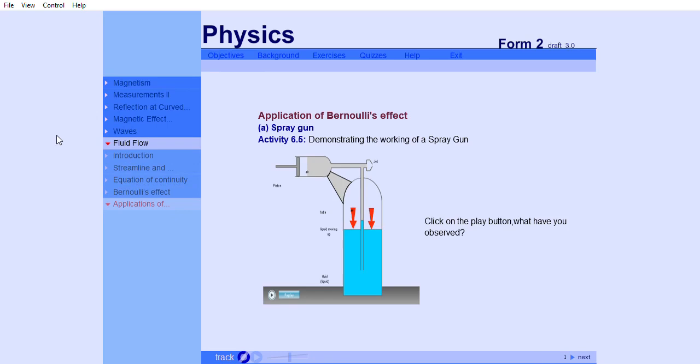Application of Bernoulli's effect: spray gun. Demonstrating the working of a spray gun. Click on the play button. What have you observed?